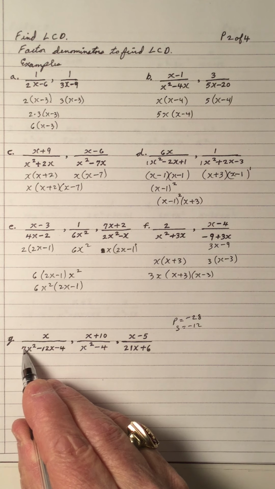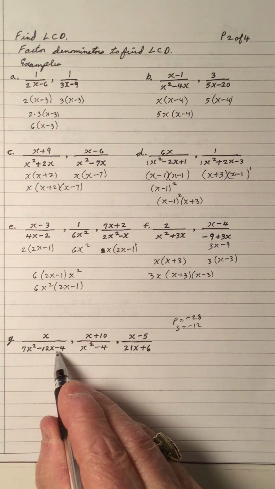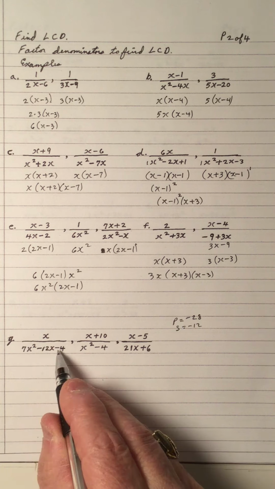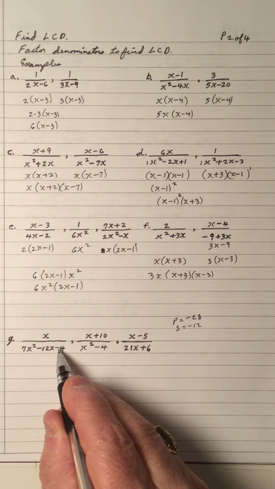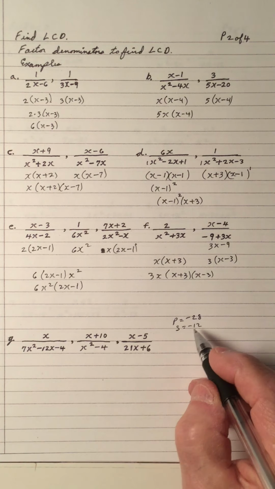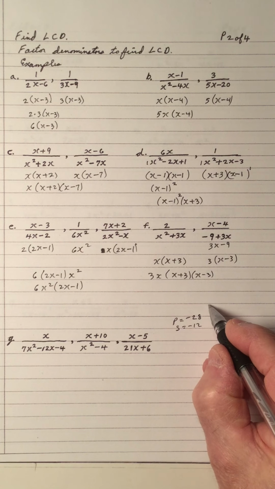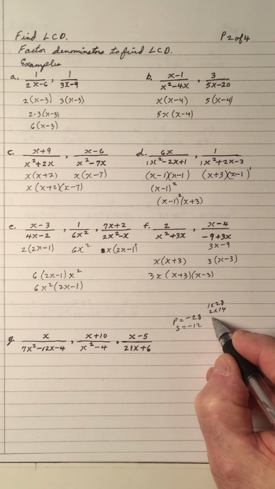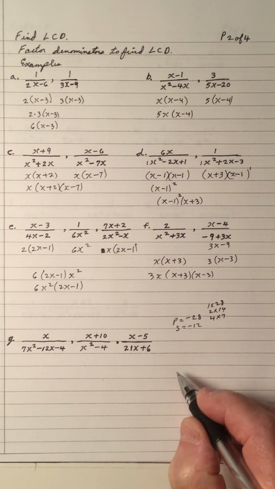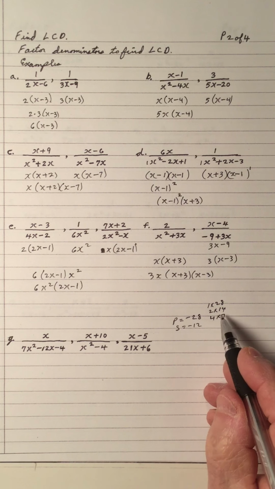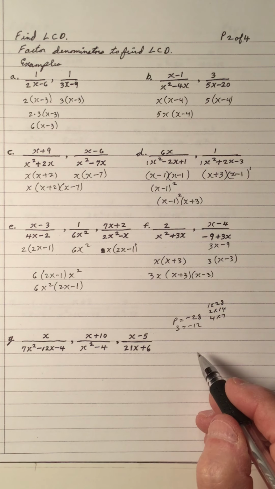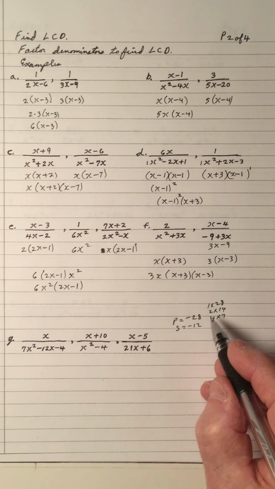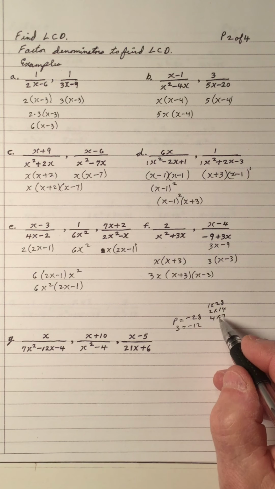So when 7 cannot come out of this trinomial, you have to multiply 7, the A, by the C. So it's a negative 28. Now the factors of 28 are 1 and 28, 2 times 14, and 4 times 7. So what factors are here are going to give me a 12. Notice the product is negative, so the factors are going to differ.